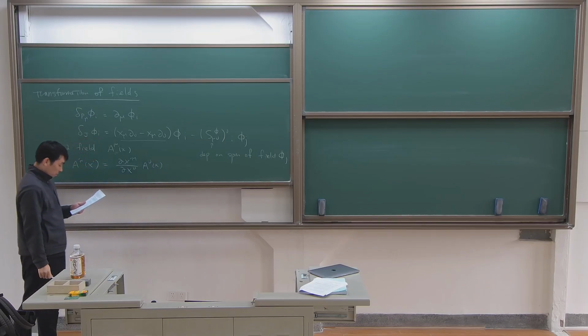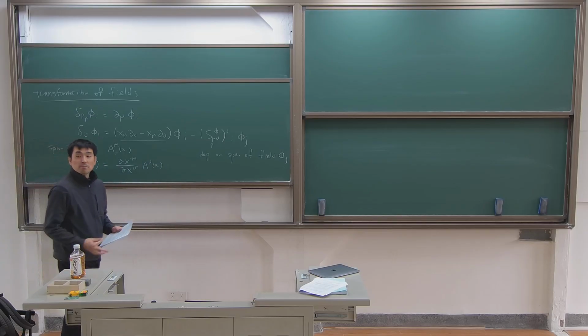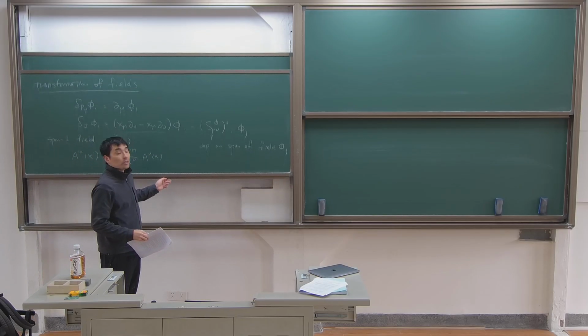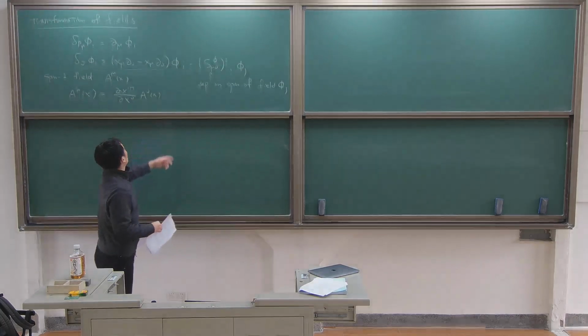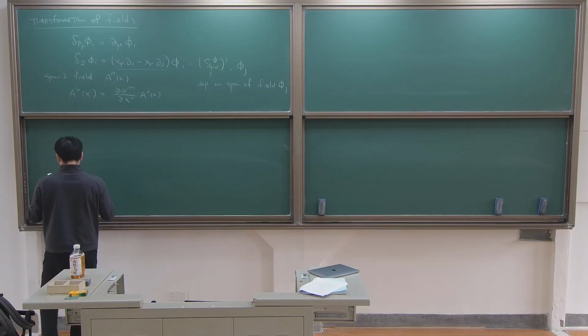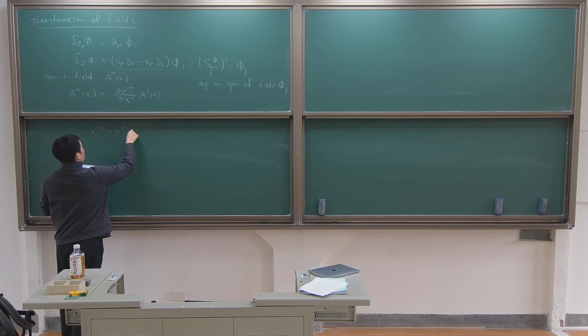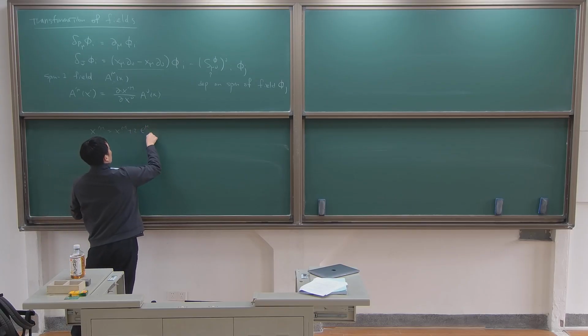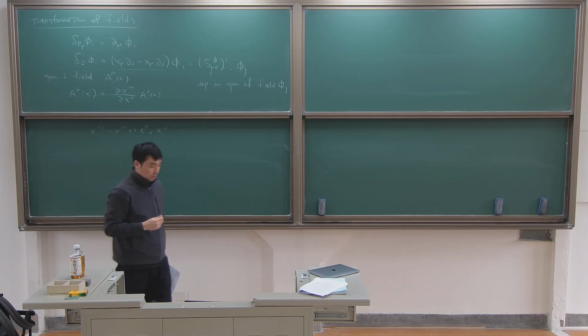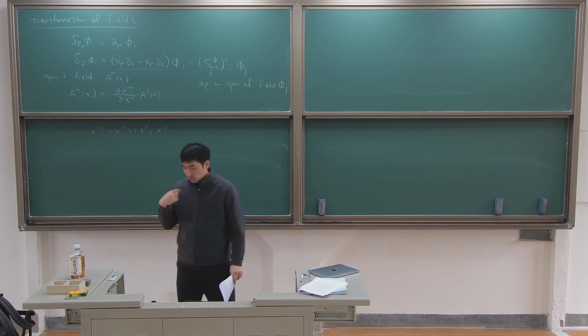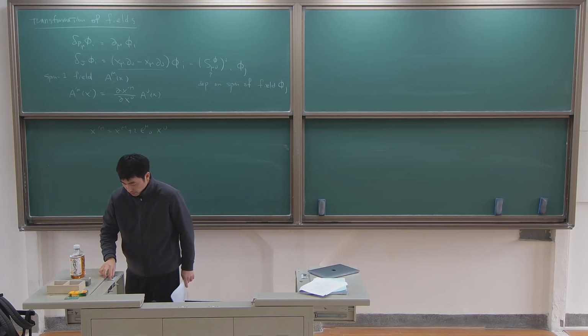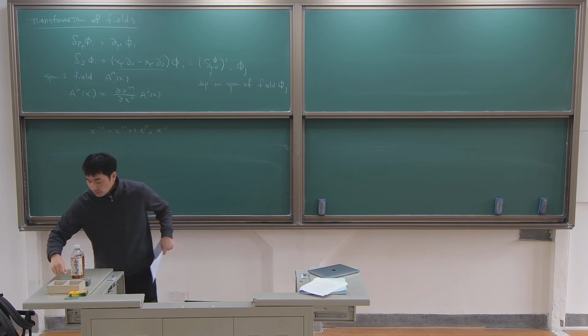That's what we learned from the usual transformation of the field. And we know the rotation is generated as x prime mu equals x mu plus epsilon mu nu x nu. That's what we learned last time. This epsilon tensor gives you the rotational generator.